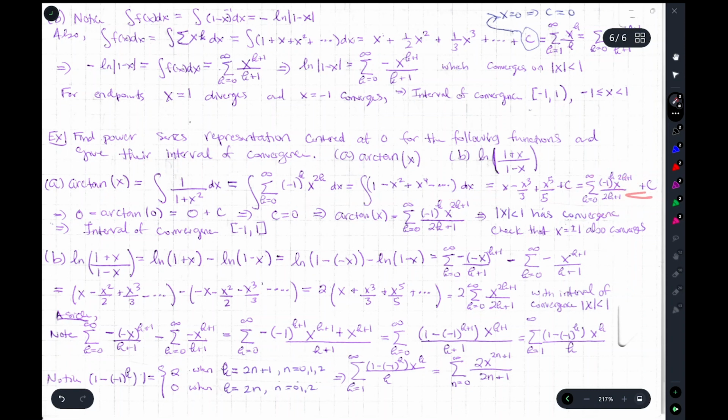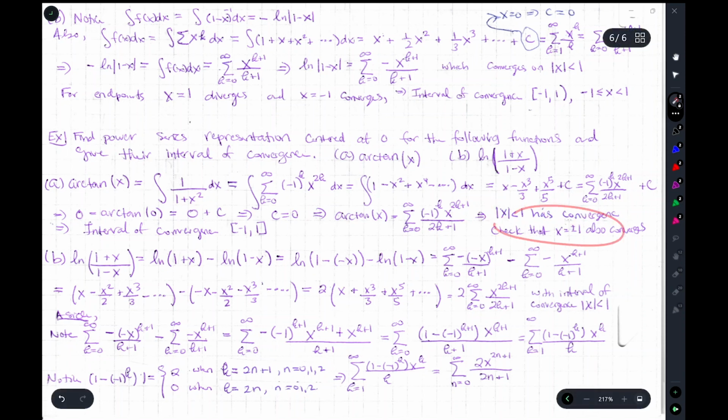We've got to fix c, so we use 0 equals arctan of 0, which is equal to plugging in 0 for all of these. Okay, we just get that plus c term, and so that means c is 0. And so we just found, using clever integration, the power series for arctan. And we do have the same interval of convergence as what we started with, which is absolute value of x strictly less than 1.